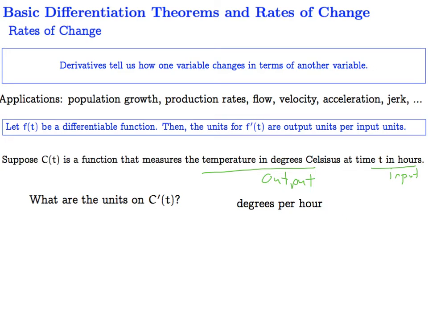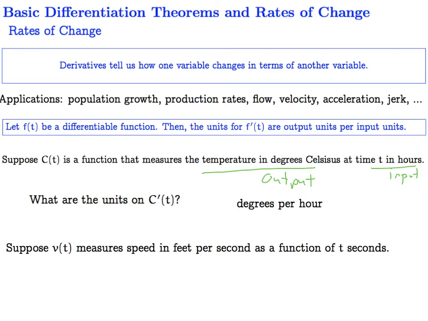Let's try one more. Suppose you have v of t, which measures your speed in feet per second as a function of t seconds. What we want to be careful of here is that our output unit and our input unit get correctly identified. Our output unit is feet per second.